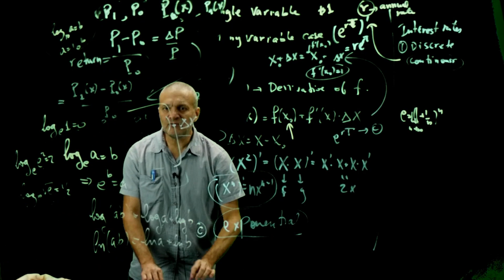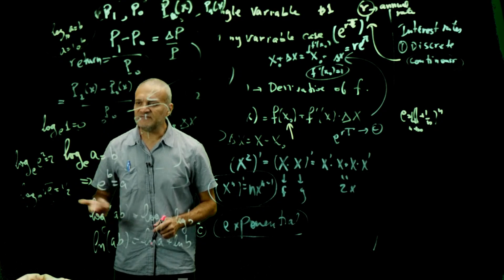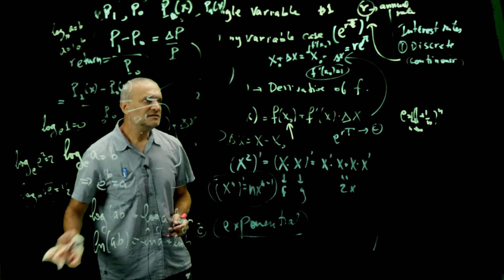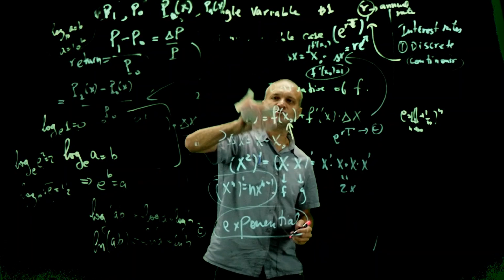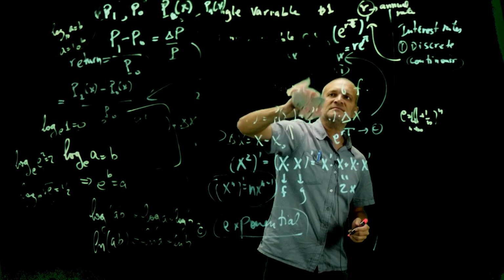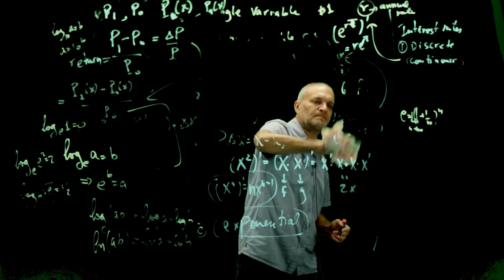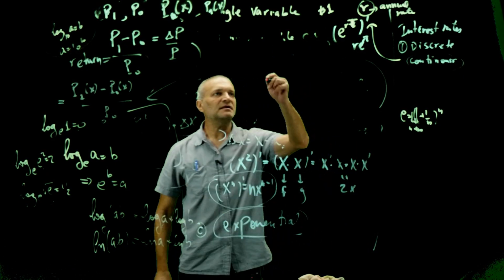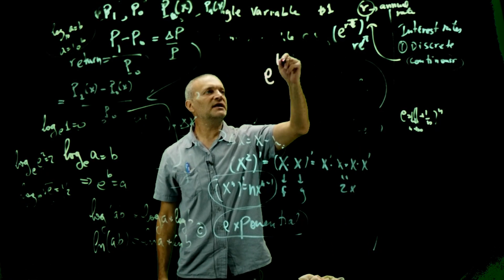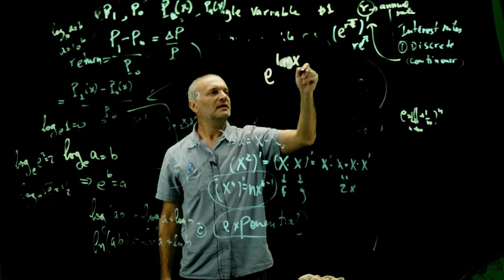Okay, now what is going to be the derivative of log? Well, this is kind of interesting because we can use the chain rule to do that. Indeed, I can say that e to the power of ln x equals x.